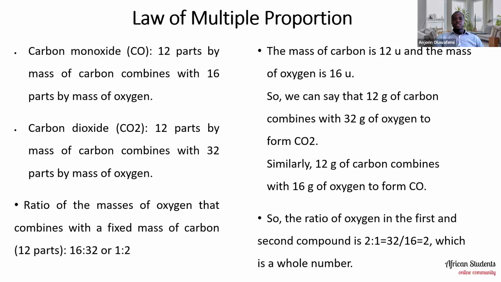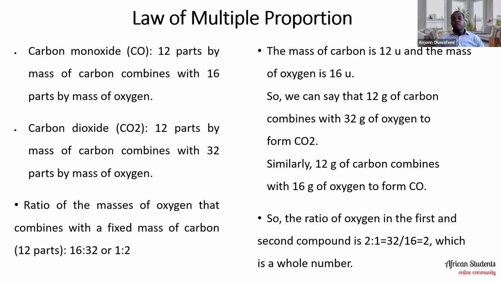Now, carbon monoxide, CO, 12 parts by mass. What I mean by 12 parts is that it has a relative atomic mass of about 12, you understand? So 12 parts by mass of carbon combines with 16 parts by mass of oxygen. Hope you still understand what I'm explaining. 12 is the relative atomic mass of carbon. 16 is the relative atomic mass of oxygen.